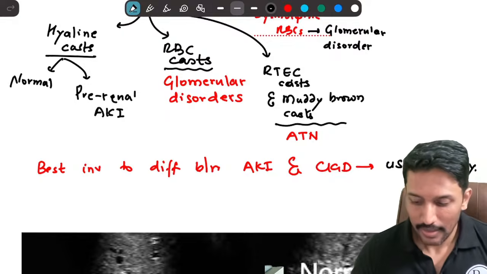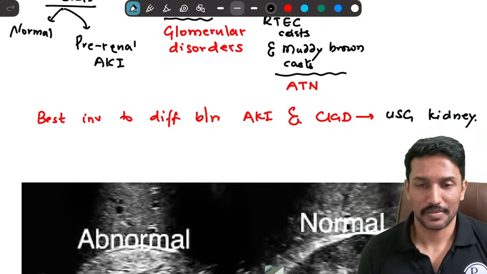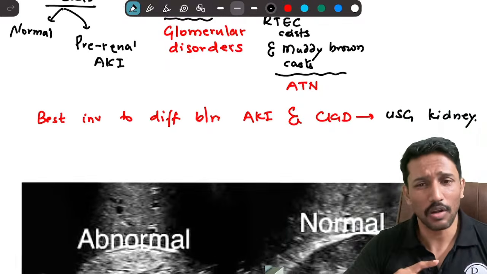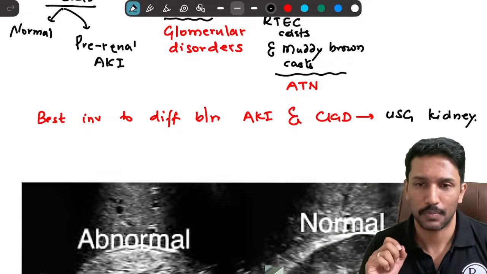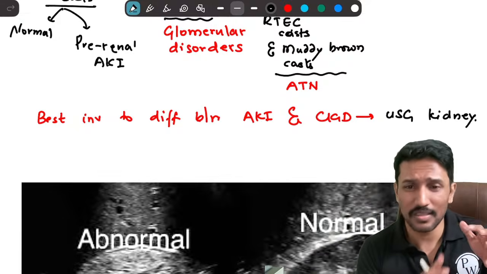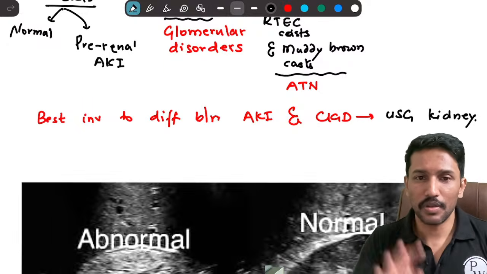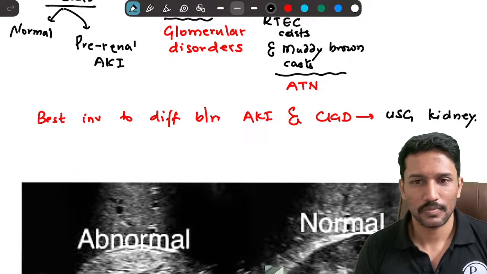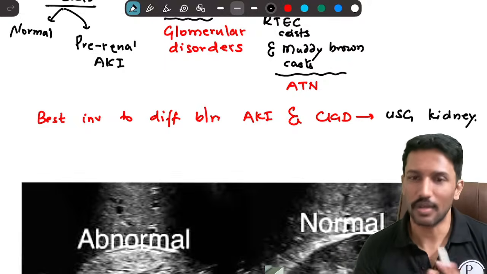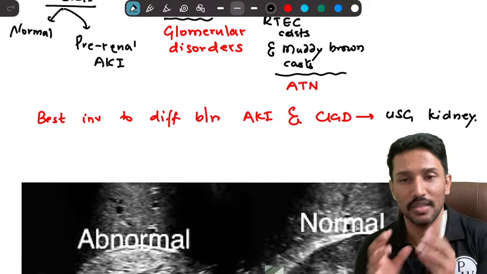Do the ultrasound. If the kidneys appear in normal size, that means the kidneys have not been damaged for a long time. So then the raised creatinine is a recent problem. So it's most likely AKI. But if kidneys appear to be shrunken, then it's a long-standing problem. So it is not likely to be AKI. It is more likely to be CKD.